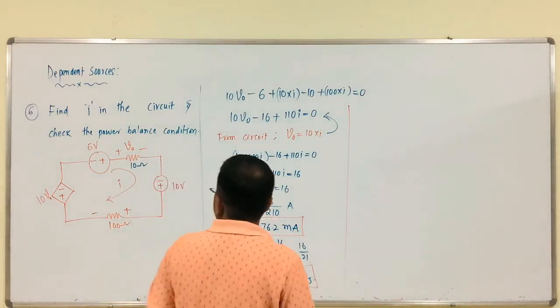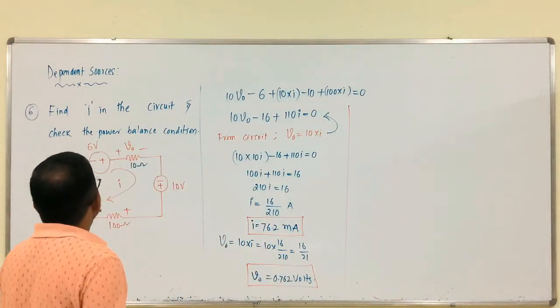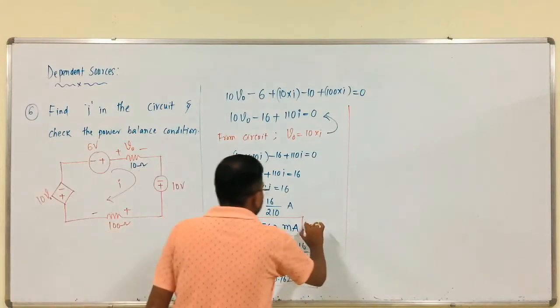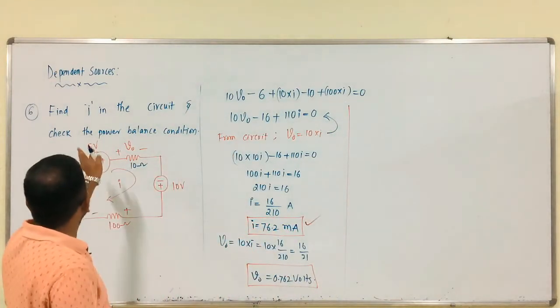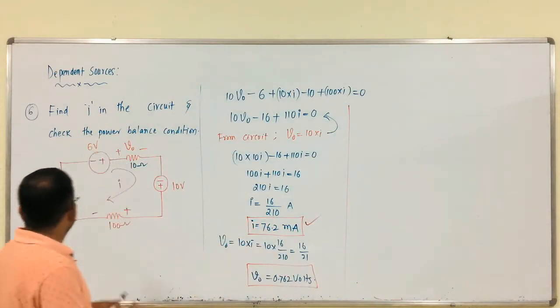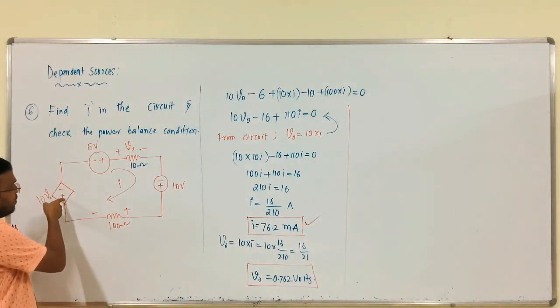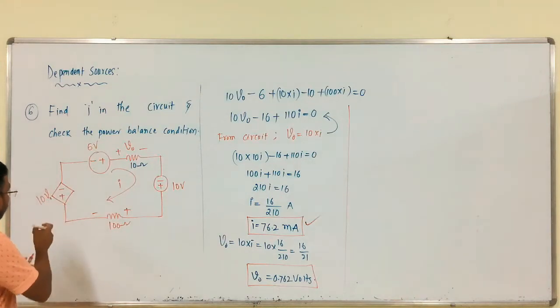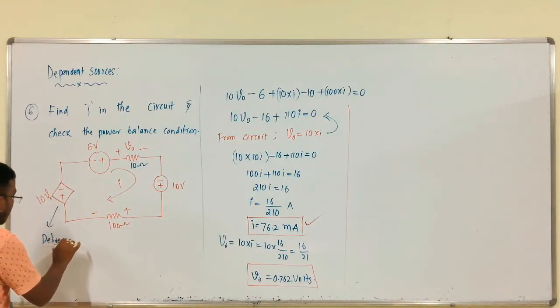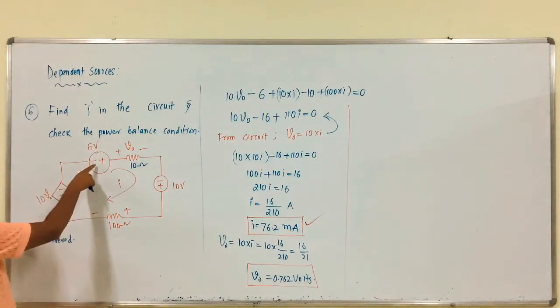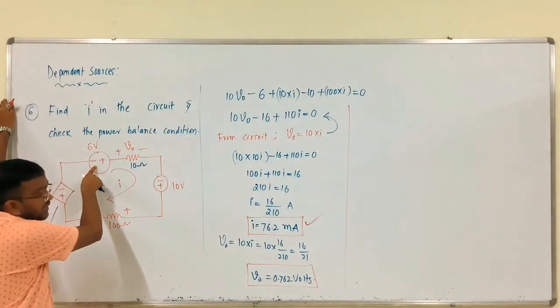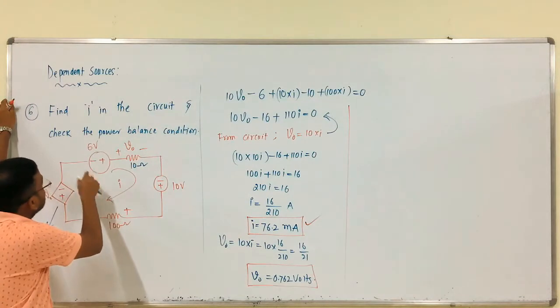Next, we have the current value, that is 76.2 milliamps. Next, we have to check the power balance. Before that, with respect to this voltage source, the current is entering into the positive terminal, so through this, power is delivered. Next, from this source the current is entering negative to positive, so power is absorbed.